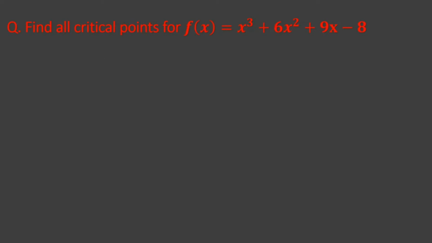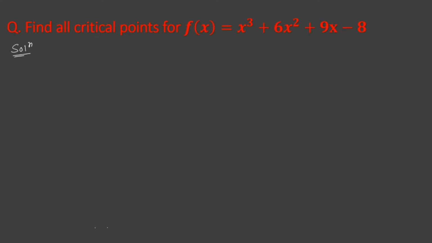So our first question is, find all critical points for f(x) equal to x to the power 3 plus 6x square plus 9x minus 8. So we'll solve it step by step. Solution.